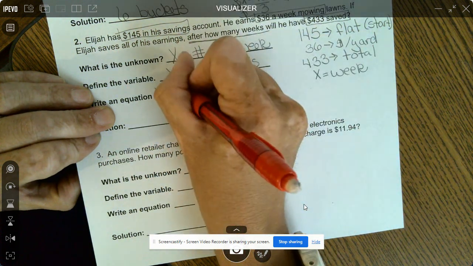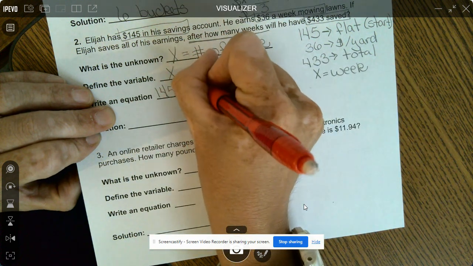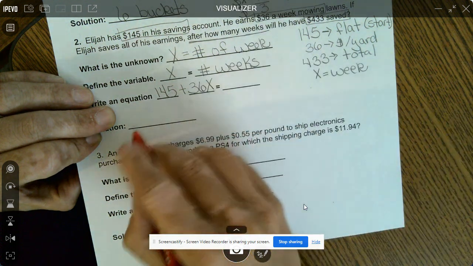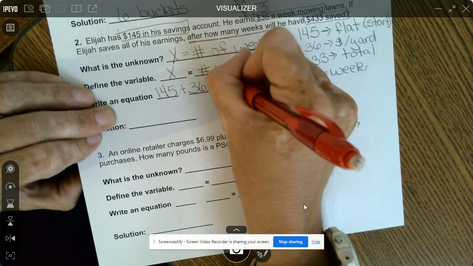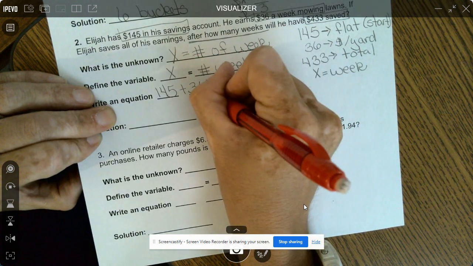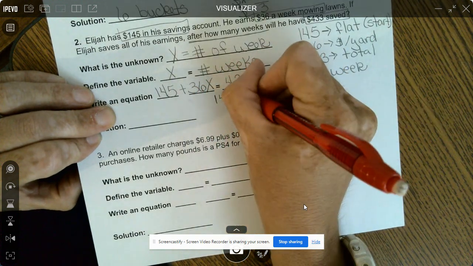That's not going to change. We're going to add the 36x because he gets $36 per week. We don't know how many he's going to do, and the total amount that he's going to get is $433. All right, so you guys go ahead and figure out what x equals.